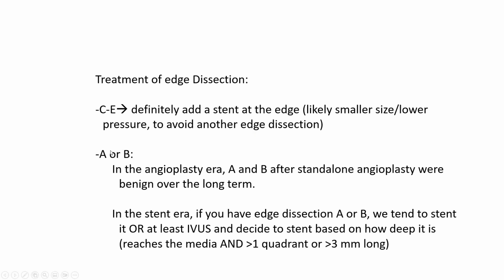In the stent era, if you have A or B edge dissection, we probably stent it, or at the very least, you need to do IVUS and decide to stent that A or B dissection based on IVUS features, which means, does this dissection reach the media and is it over 1 quadrant or more than 3 millimeters long, in which case it warrants stent. If by IVUS features it doesn't reach the media, or it reaches the media without any of those two, then it doesn't warrant stenting.